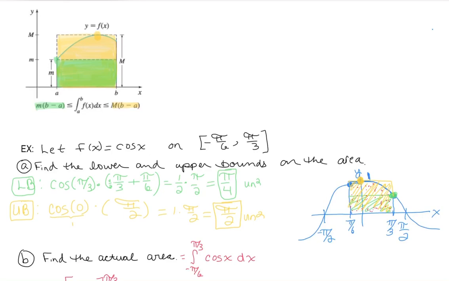And so what we end up with is the square root of 3 plus 1 all divided by 2. And so that would be the actual area under the curve. And again, if we went to decimal approximations, we would see that that obviously falls in between the decimal approximations for pi over 4 and pi over 2.